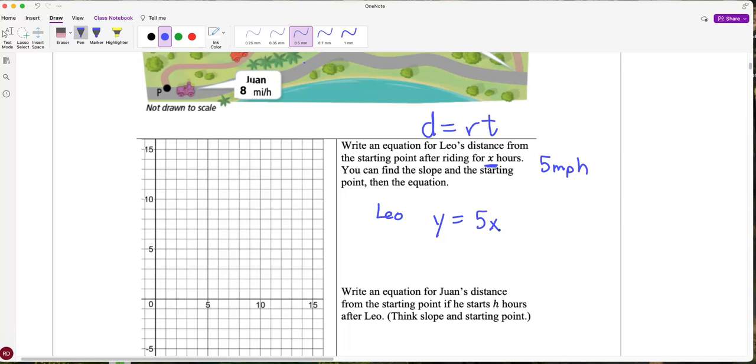Okay, so if I look at graphing that, 5x, this is my time in hours, and this is my distance in miles.